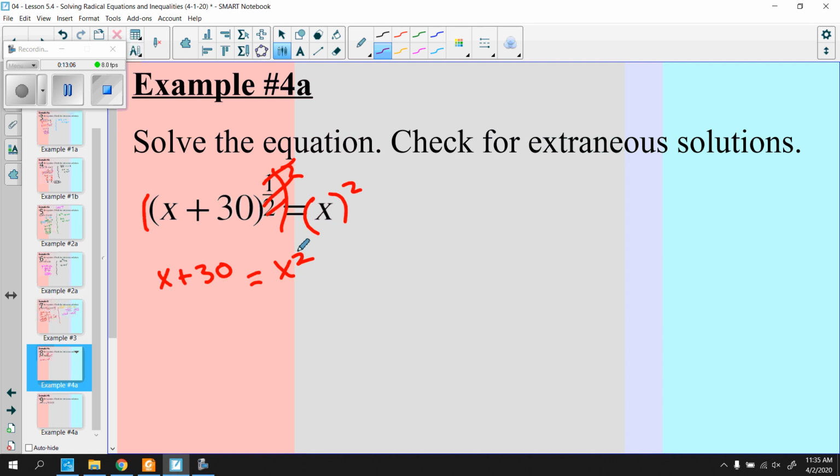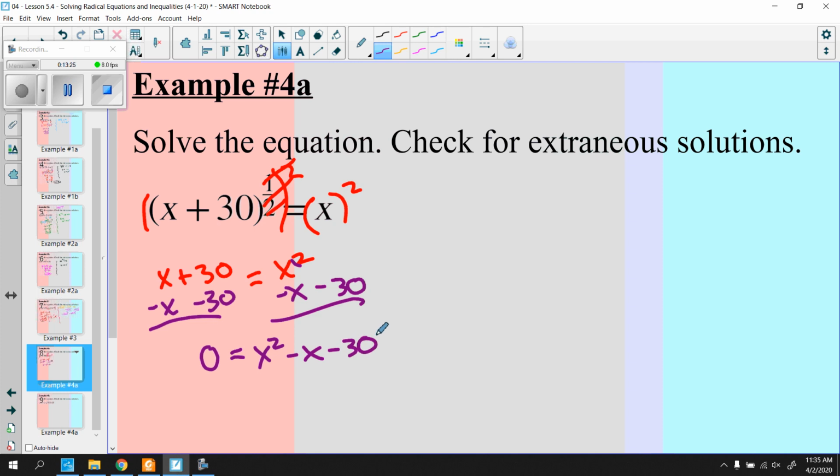How do we solve a quadratic equation? Oh no, it's been too long. Bring everything over to one side. Okay, so we're talking 0 now over here, right? That should look familiar. We want to be equal to 0 minus x minus 30. Uh-oh. Here we go. I need 2 numbers that multiply to negative 30 that add up to negative 1, right?